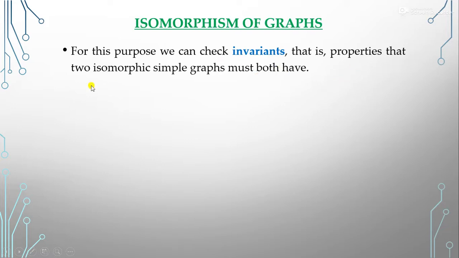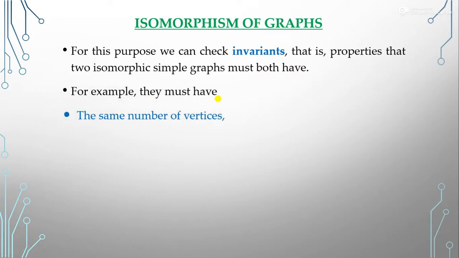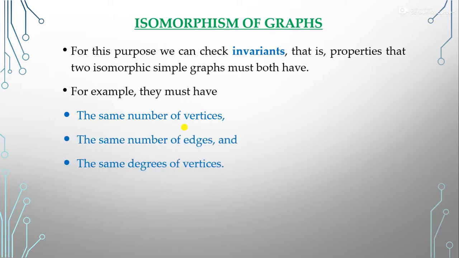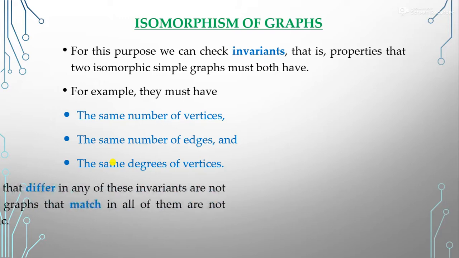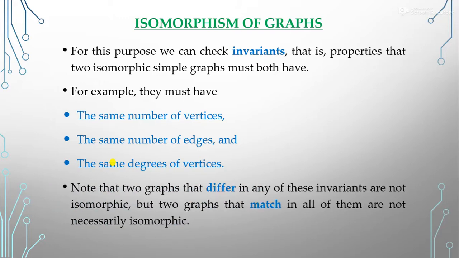That is the properties that two isomorphic simple graphs must both have: the same number of vertices, the same number of edges, and the same degree of each vertex. So two graphs that differ in any of these invariants are not isomorphic.